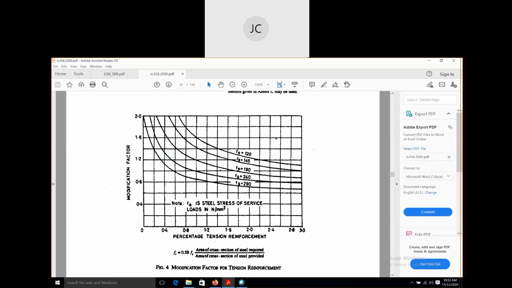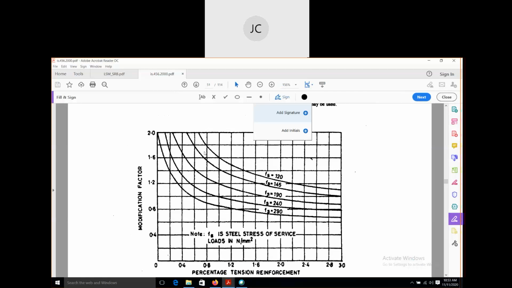Wait. 0.8, for this value. For 0.8 we need the value here.